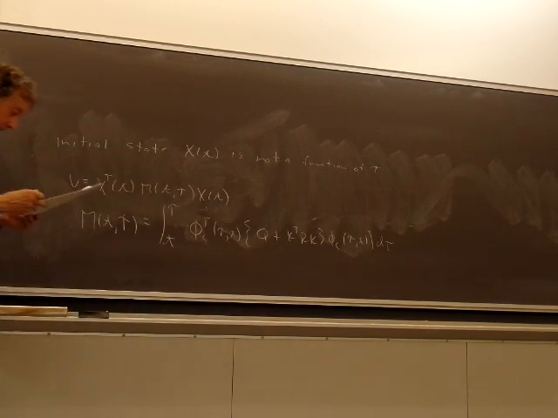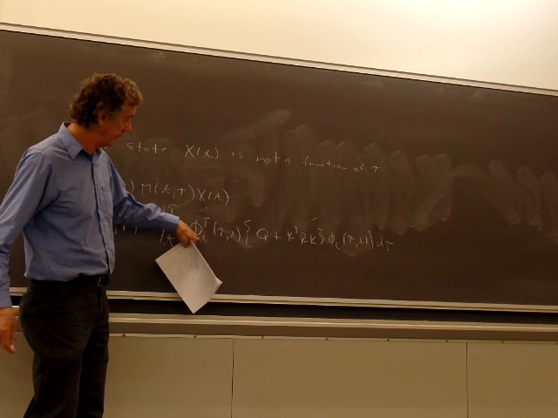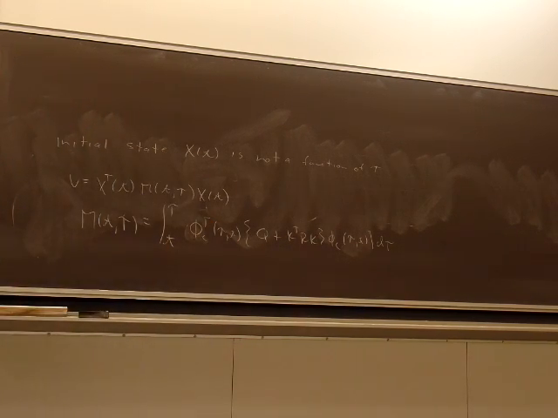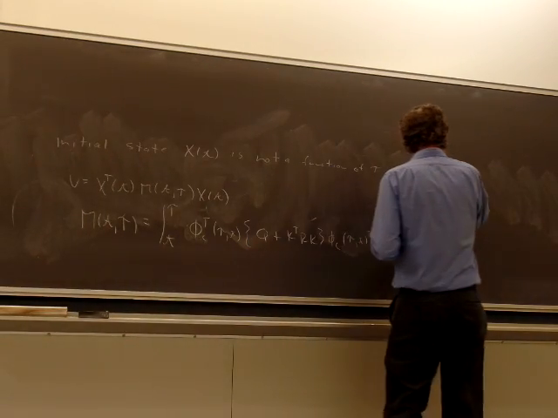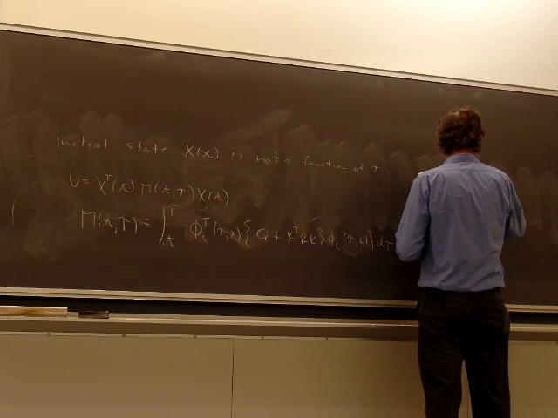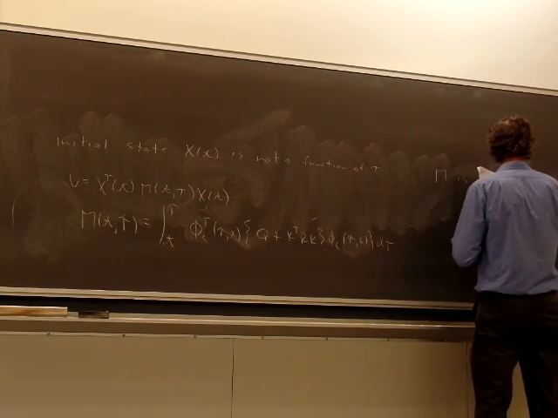So I'm using the state transition matrix for the closed loop system to take care of what x of tau is. And this M is a symmetric matrix, obviously.